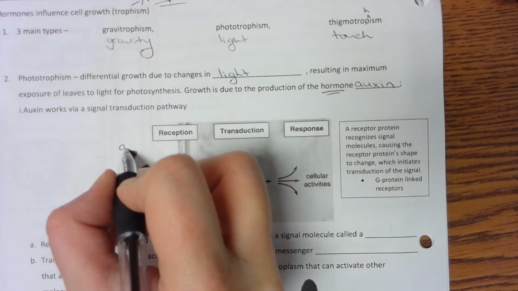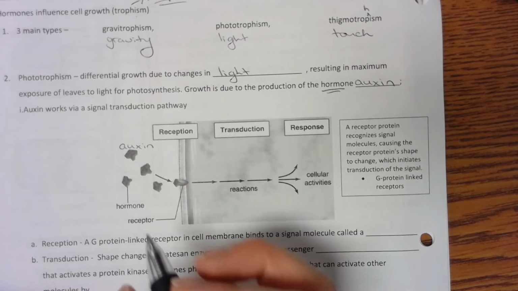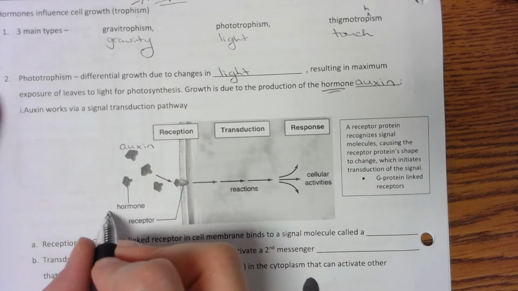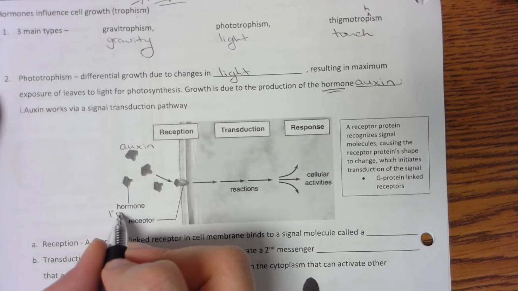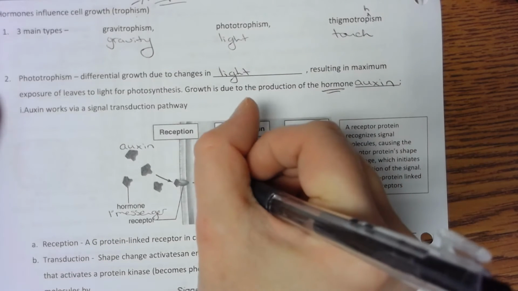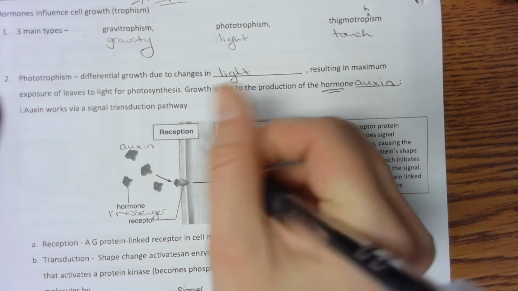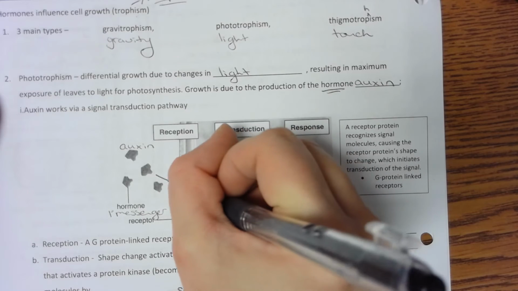So we could imagine this as our auxin because it's the hormone. Remember, the outside molecule is also the primary messenger. And then there's going to be some sort of molecule in here that's activated. That's the secondary messenger.